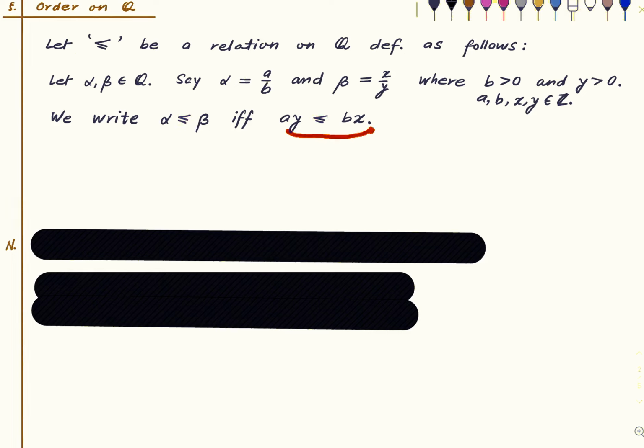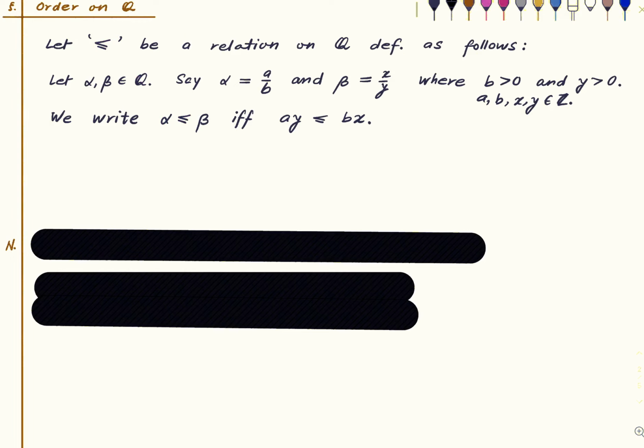We are just borrowing the ordering on integers to define an ordering on Q. AY and BX are integers because they are products of integers. So this is just the same ordering on integers that we are familiar with. That is the definition of this symbol, which is just a relation on Q.